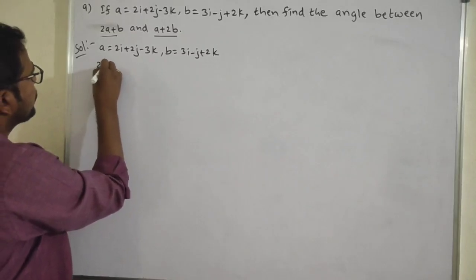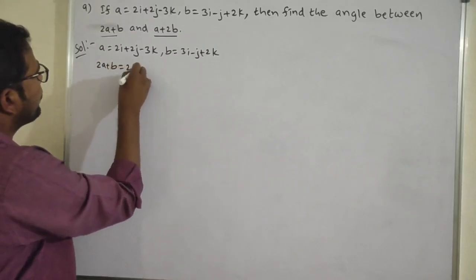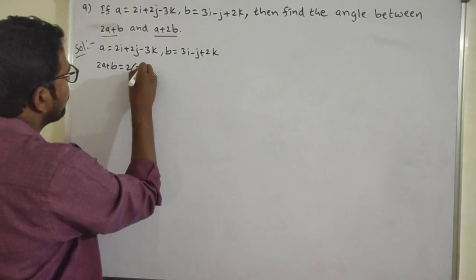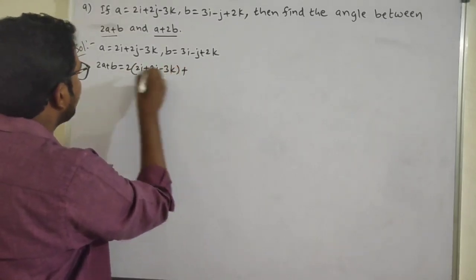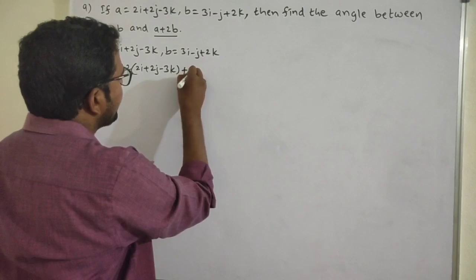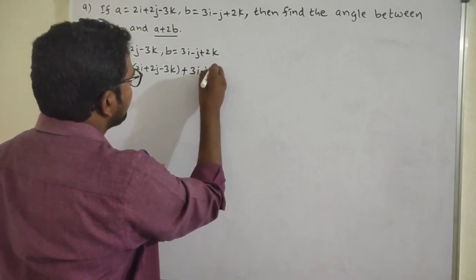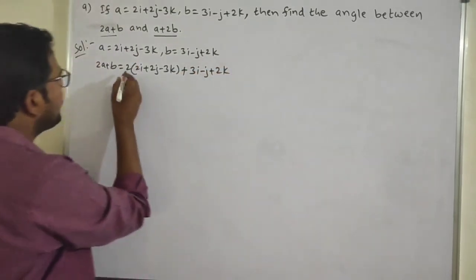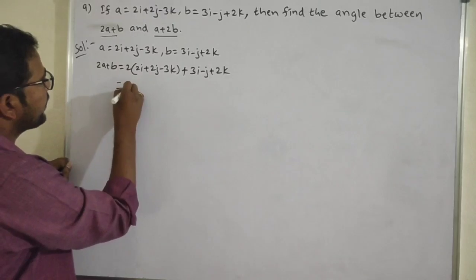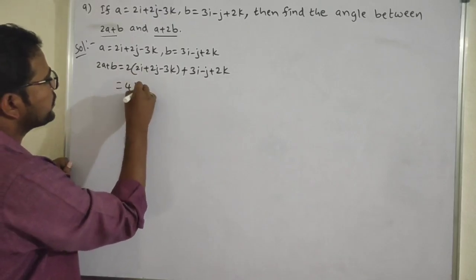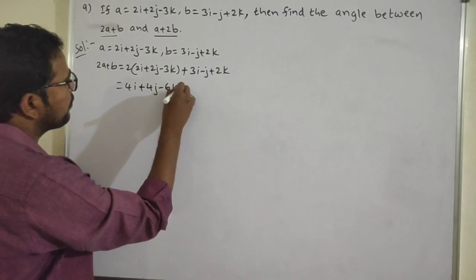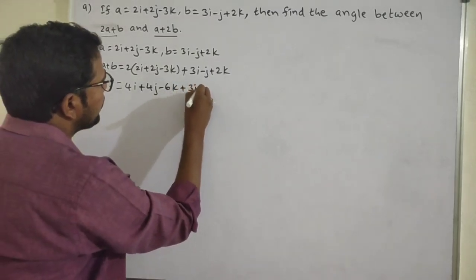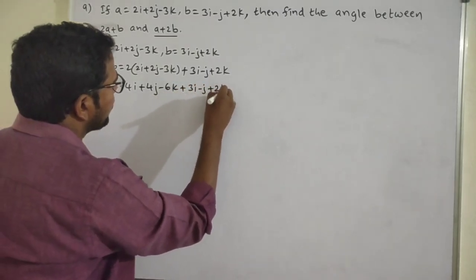2a plus b is equal to 2 into vector a, 2i plus 2j minus 3k, plus b, which is 3i minus j plus 2k. Multiplying by 2: 4i, 4j, 2 times 3 is 6, minus 6k, plus 3i minus j plus 2k.